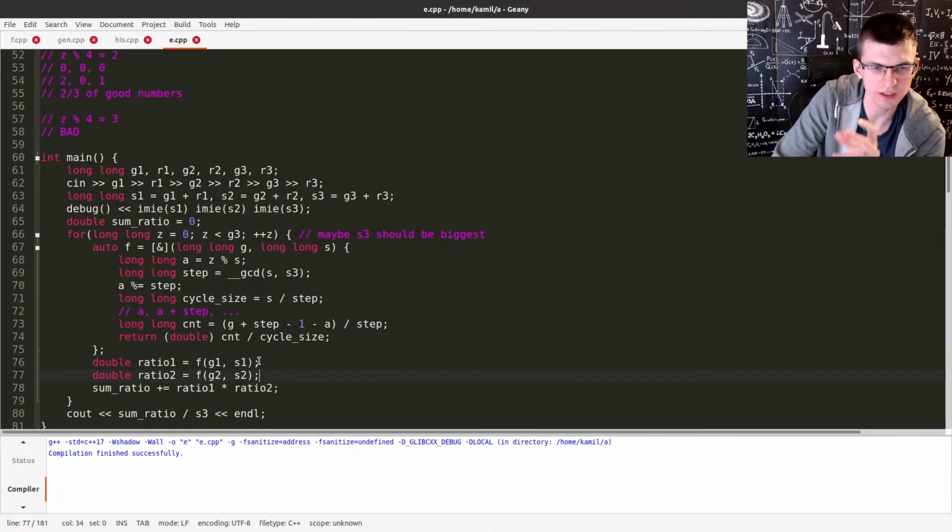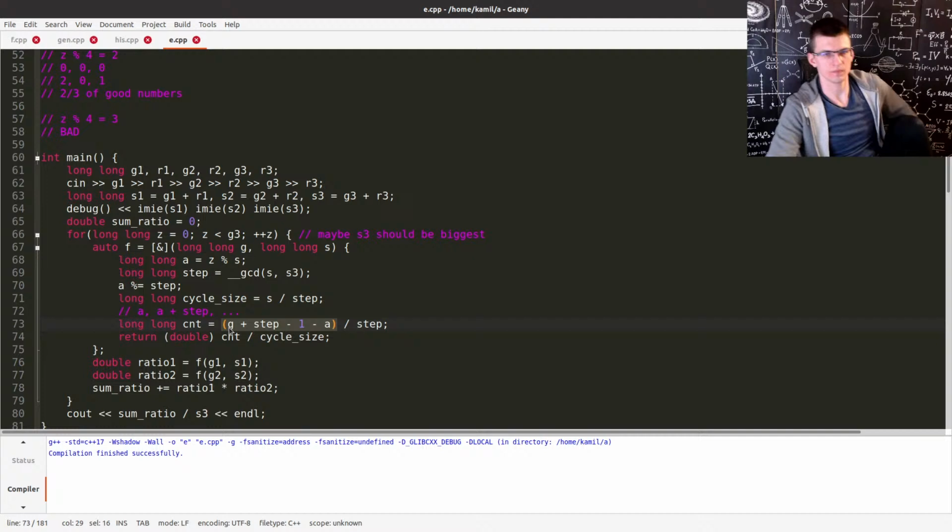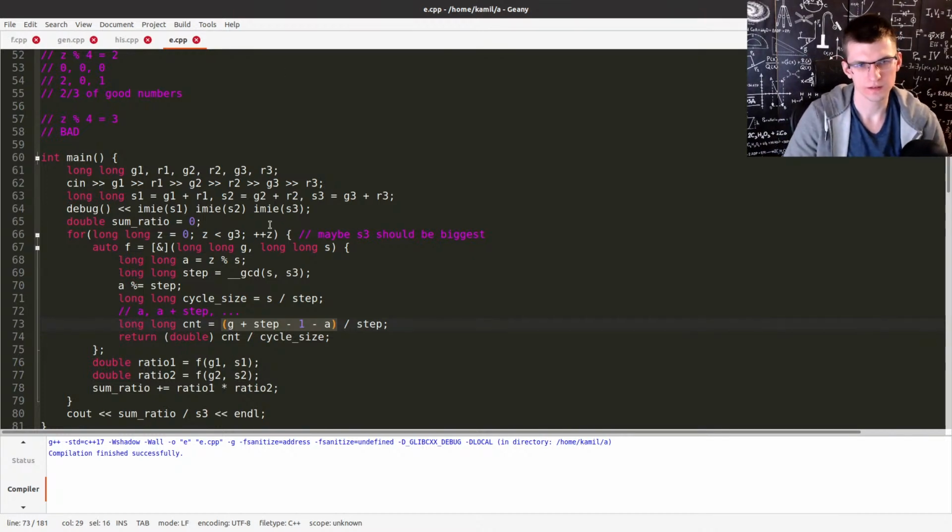We have two independent things. Like ratio 1 uses this, ratio 2 uses that. And we claim that a lot of values in a row will have the same value. Step. S3.